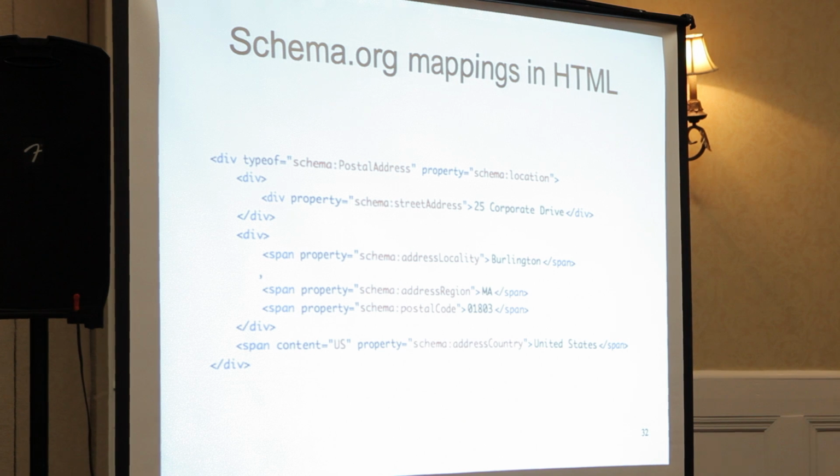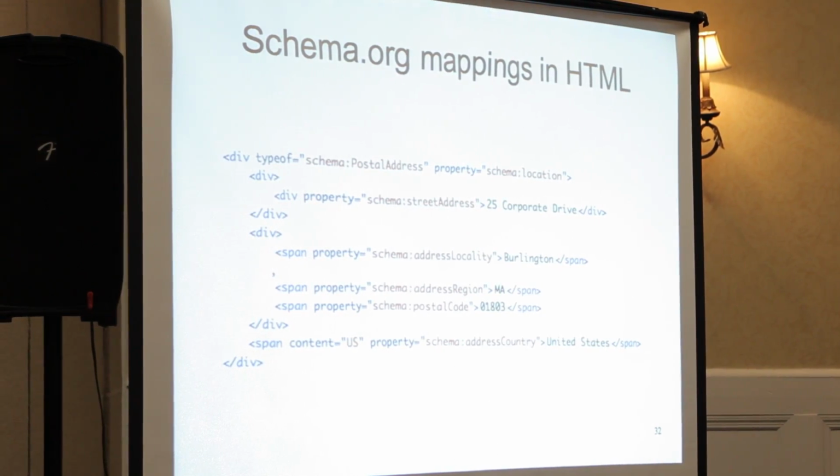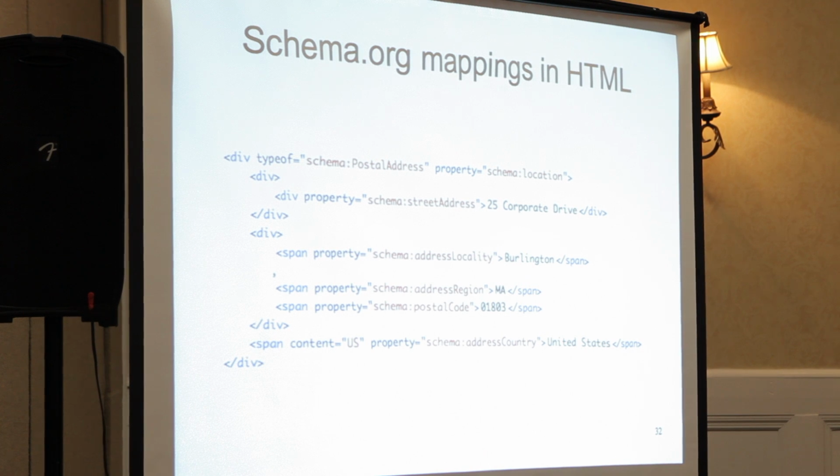And you can see this is an address field output with the schema.org mapping set up. So you have things like typeof schema:PostalAddress, property schema:location. Every time you see a schema colon, it's an indication that it's telling search engines that this particular string here, 25 Corporate Drive, maps to the schema streetAddress from schema.org.